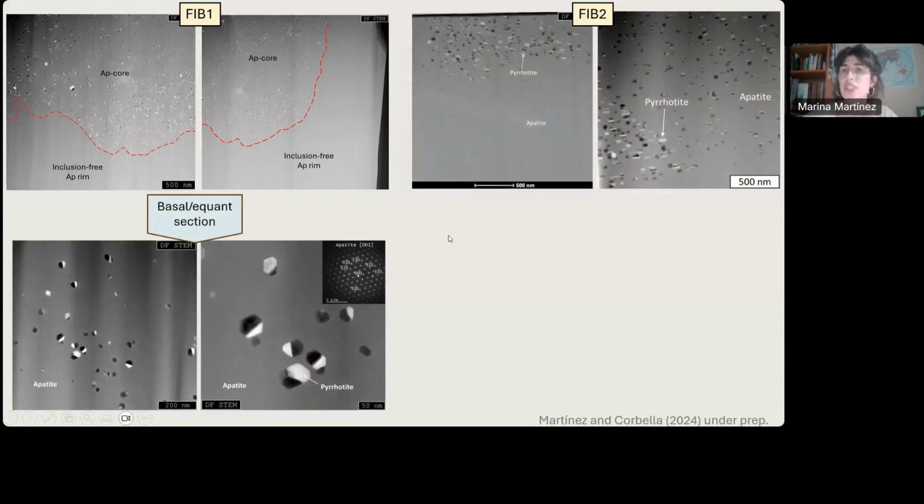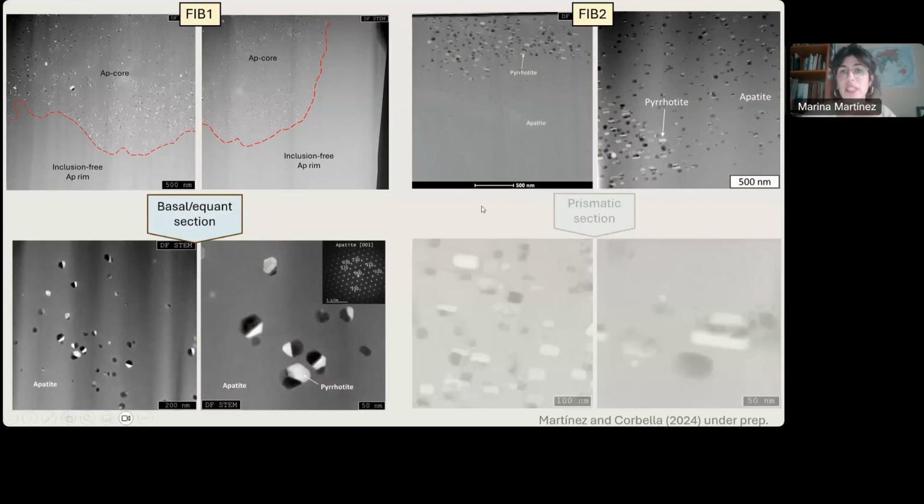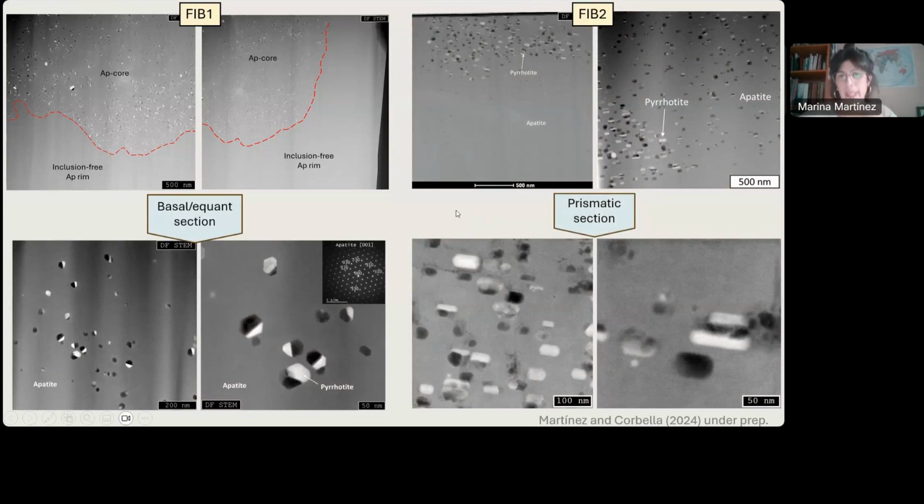In the other FIB section, FIB 2, sliced, we see the a direction. We see that inclusions indeed are prismatic, and it's the same story. They are filling the apatite cores, and they are negative crystals, euhedral.